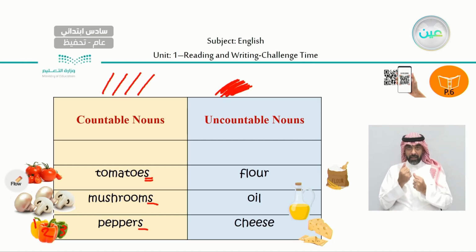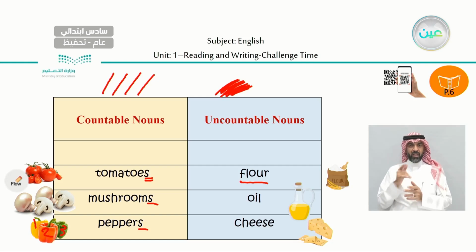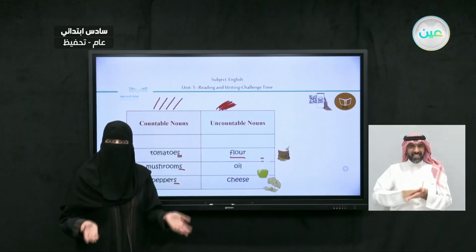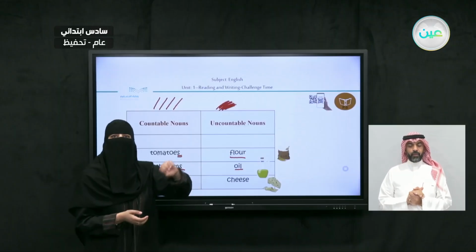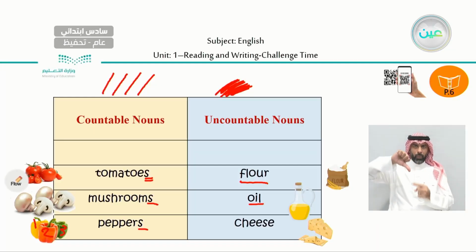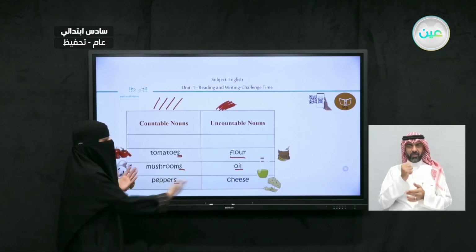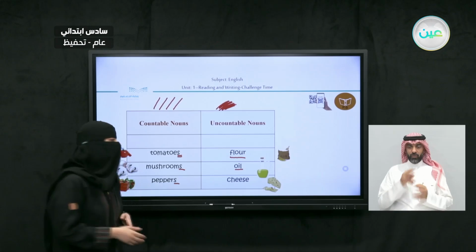Okay? What about uncountable, like flour? So, flour is uncountable. And also, oil. Yes, oil is uncountable because it is liquid. Okay? What about cheese? Yes. Also, cheese is uncountable. So, look, my student, what's the difference? Can you tell me? Have you noticed anything here with these words?